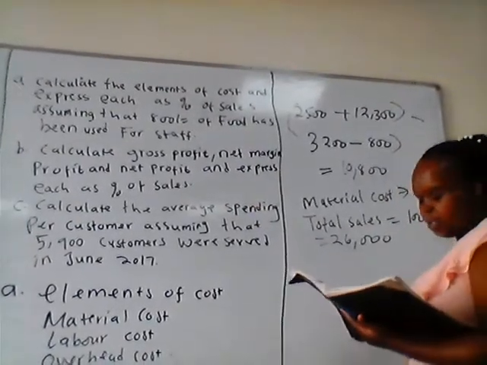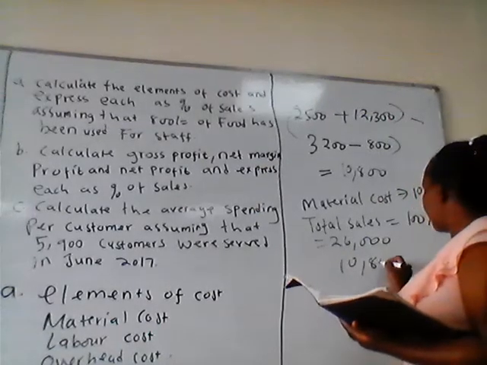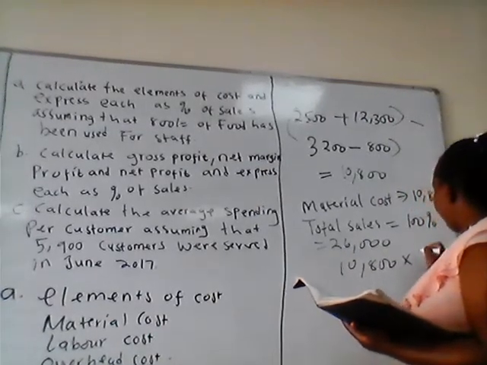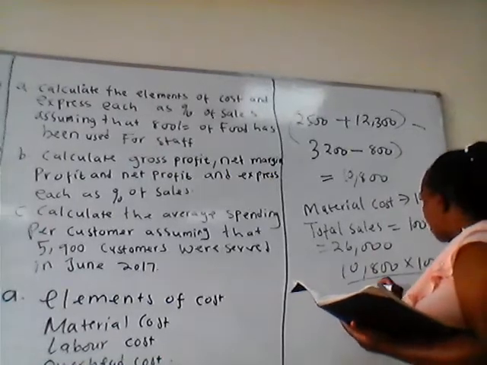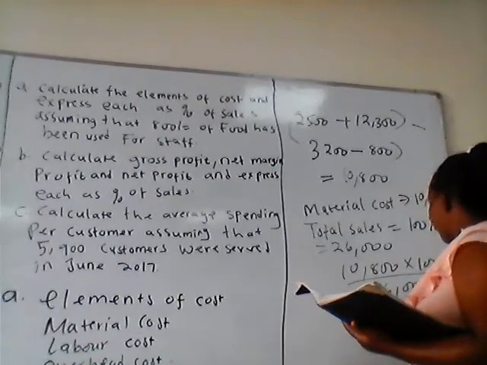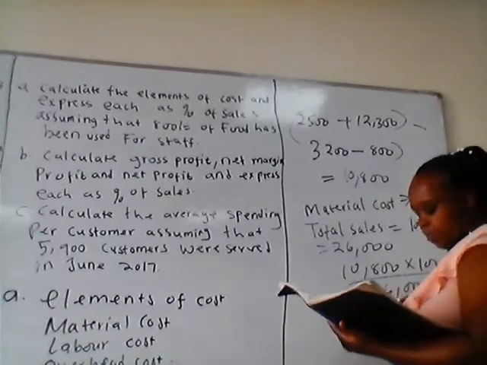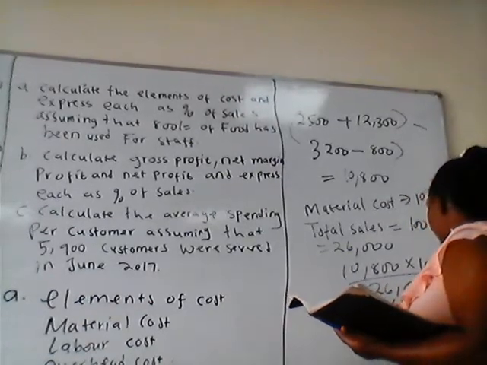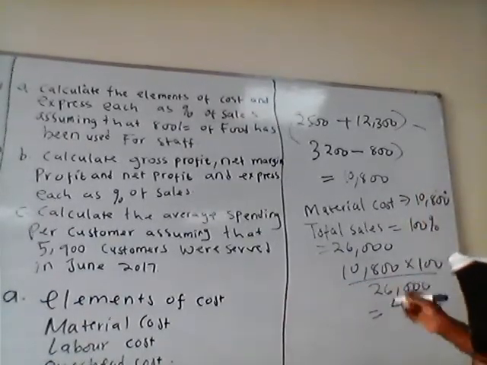So in our question it will be 10,800 multiplied by 100 divided by 26,000. So we get 41.5%. That's how we calculate as a percentage.